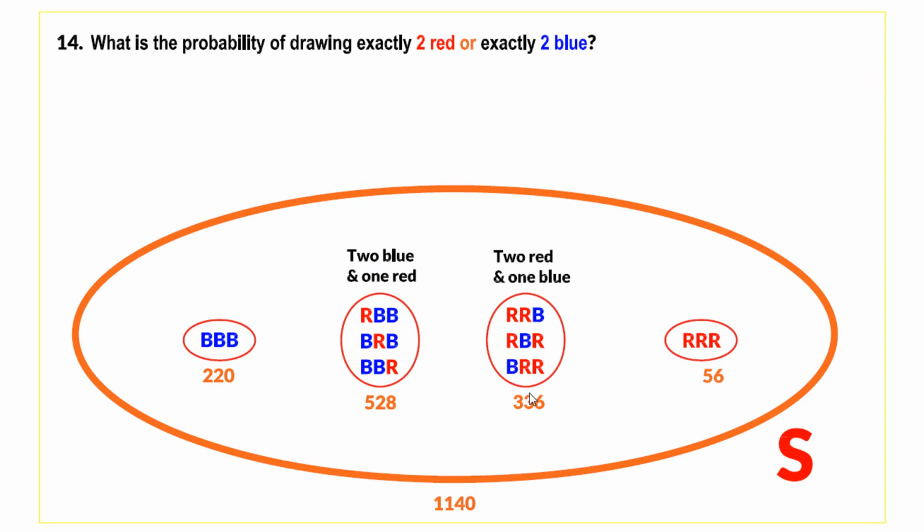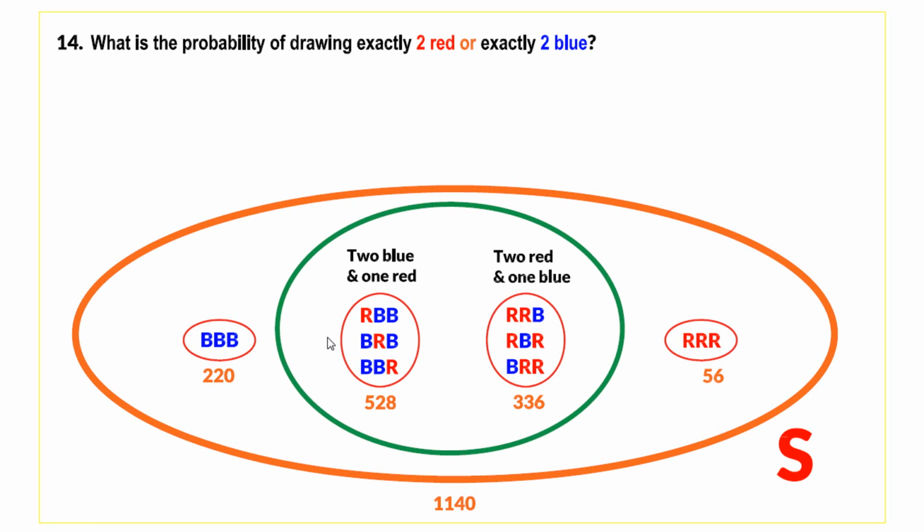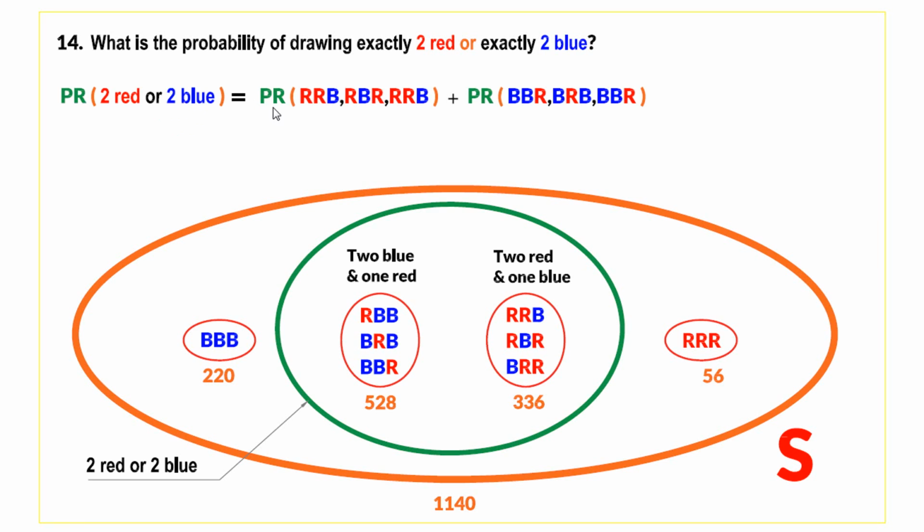So these two events are disjoint, and their union would give us the event we are looking for. So the probability of this event is the sum of the probabilities of its disjoint events, and that is 336 for the first one divided by 1140 plus 528 for the second event divided by 1140, and this is equal to 0.75.